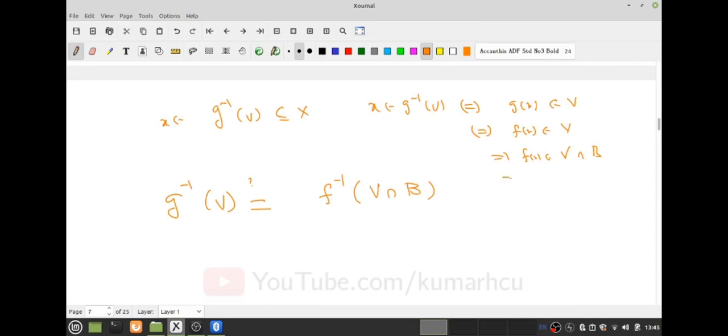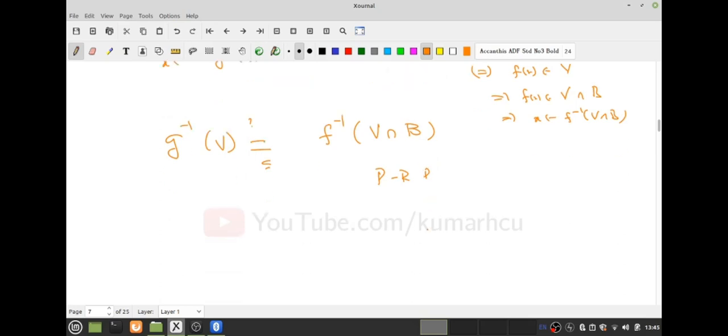This means x belongs to f inverse of V intersection B. So if I start with x in g inverse of V, I proved x belongs to f inverse of V intersection B. So this one I proved. Okay, pause, review, proceed.